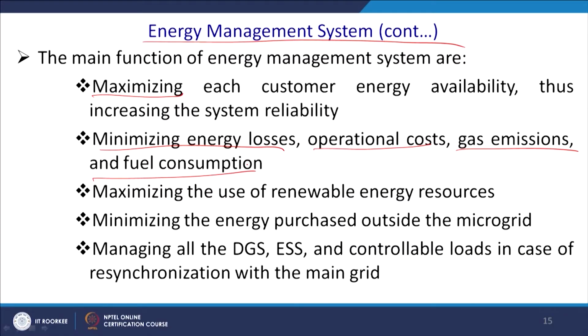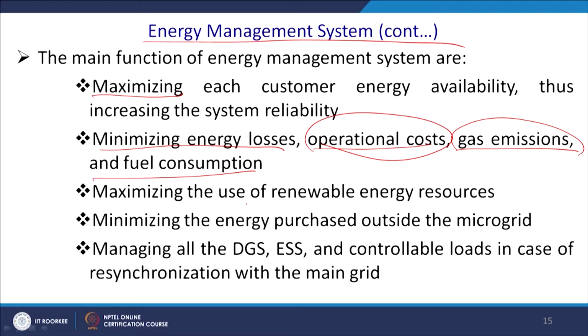Operational costs, gas emissions and the fuel consumption. If you have the support of the DGs, that increases the costs, diesel generator, not distributed generator, and that will emit and pollute your neighborhood, and this is also a cause of concern.